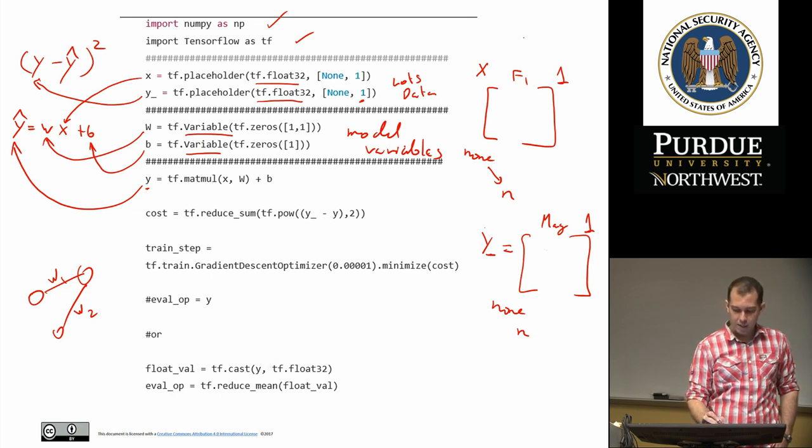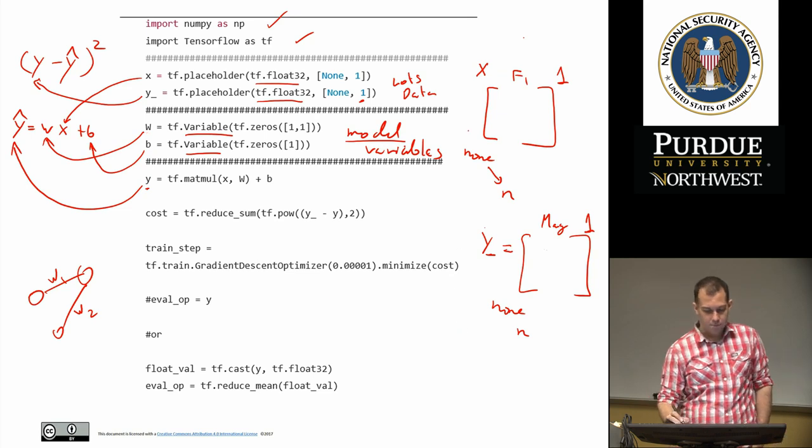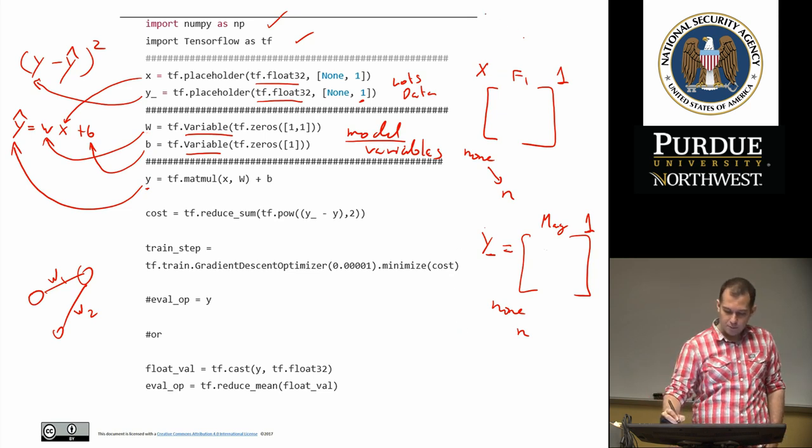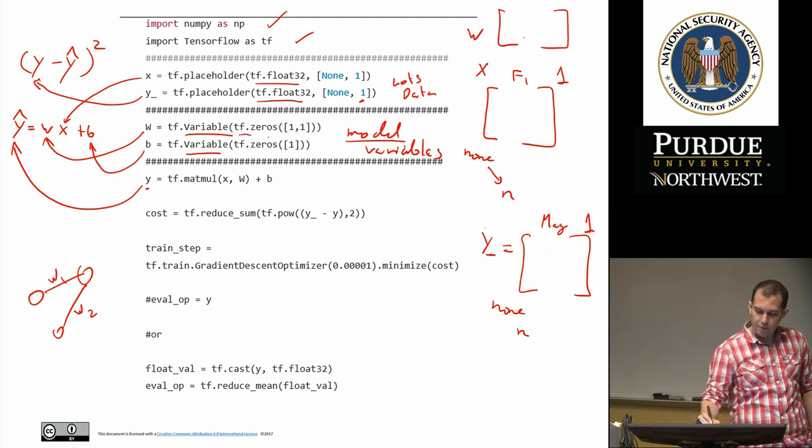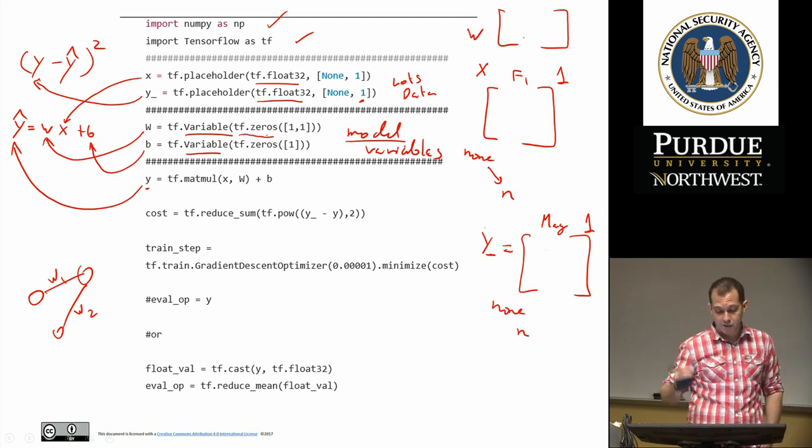Now the next part is to define the model variables. So w will be a tf.Variable here. And if you notice, w is defined in TensorFlow as a tf.zeros, which basically means that we initialize it to a whole bunch of zeros.